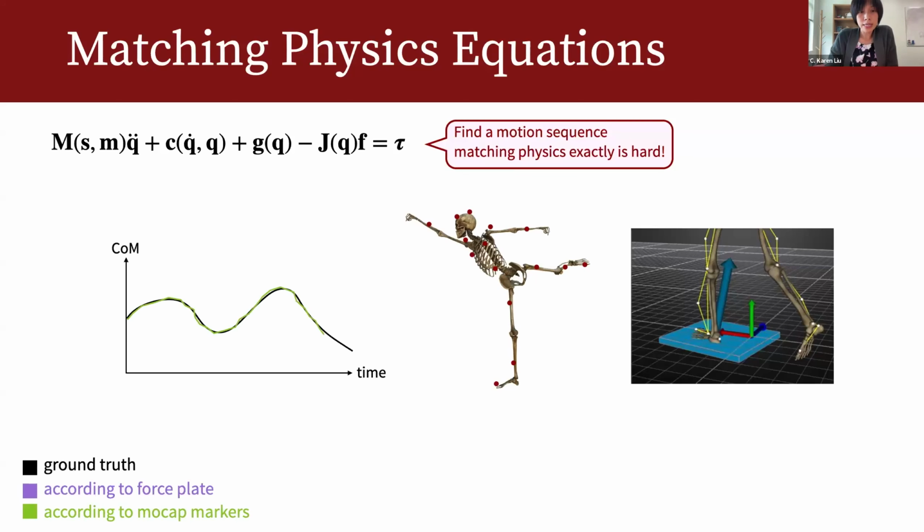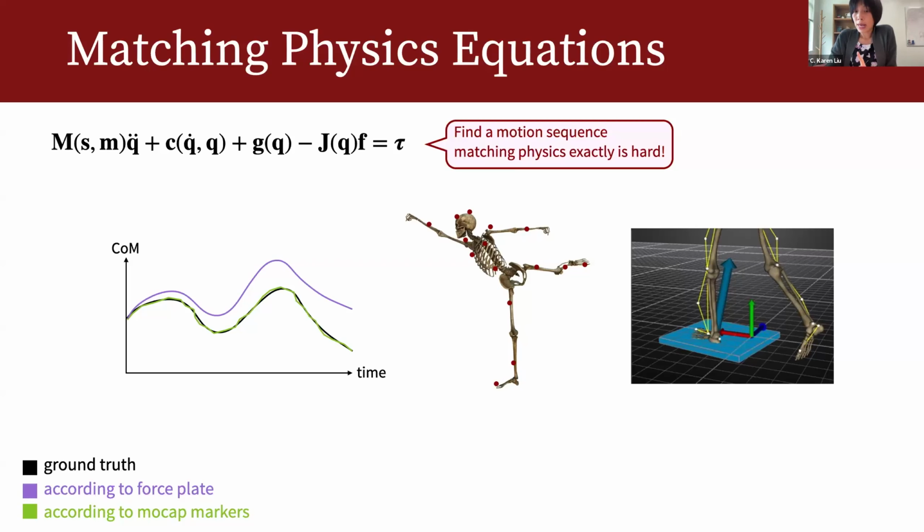The green curve indicates the center of mass reconstructed from the marker positions. And the purple curve indicates the center of mass trajectory reconstructed from the force plate information. You can see that the green curve is closer to the ground truth, and that's the reason why most previous work started out with the kinematic poses from markers and tried to match the ground reaction force as a second step.